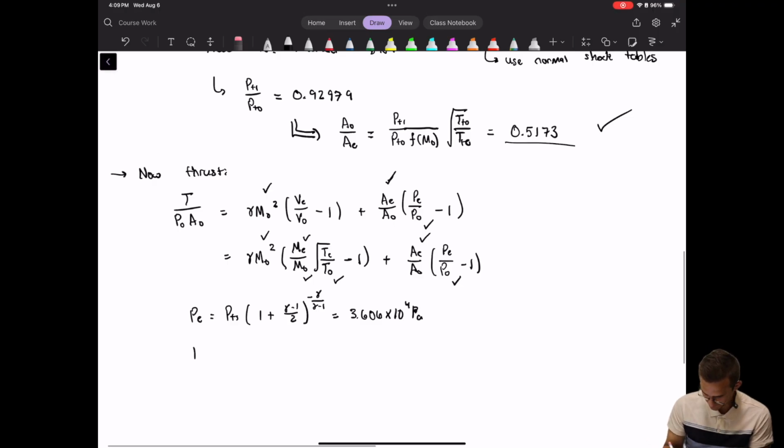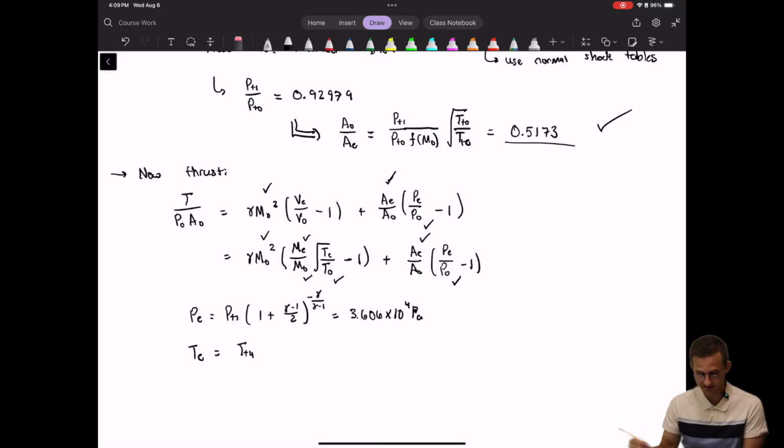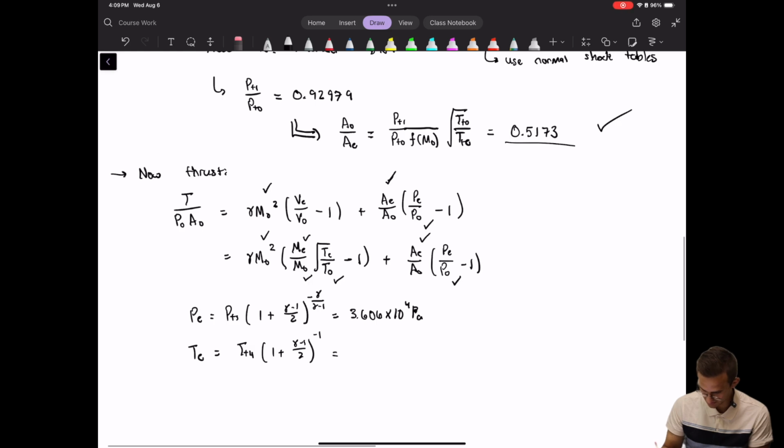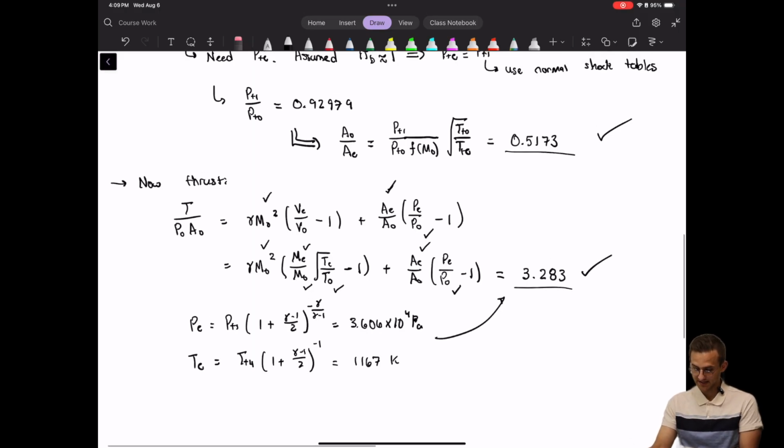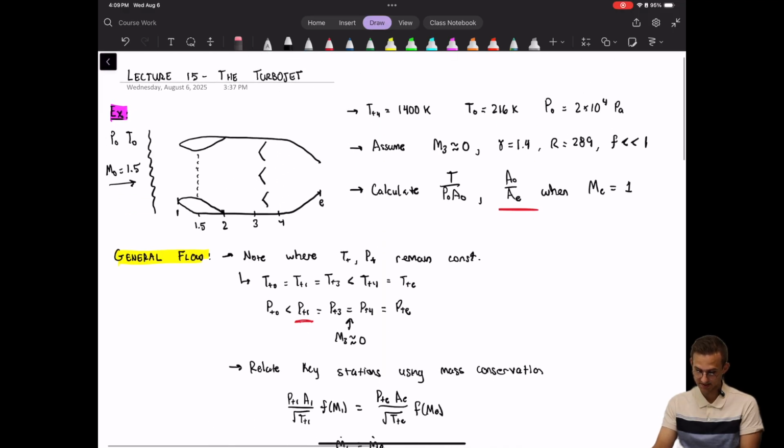And then TE is equal to TT4, because TT4 is the same as TT at the exit, times 1 plus gamma minus 1 over 2, all of that raised to the negative 1 power, is equal to 1167 Kelvin. And then with those two values, we can write what the final thrust is, in this case non-dimensionalized thrust, I should say, is equal to 3.283. Okay? So that's the solution to this example problem.